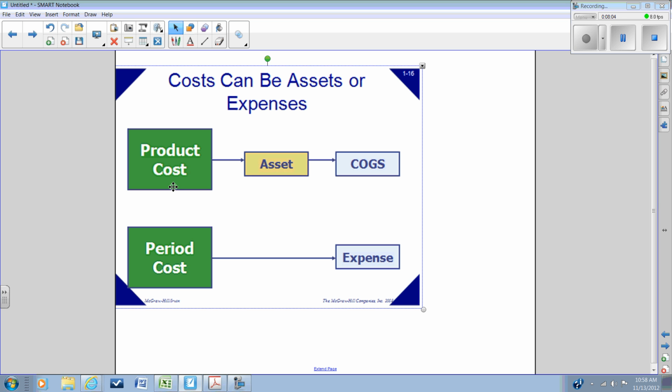A product cost, on the other hand, will have an intermediate step. The cost of creating a product, the material, the labor, the overhead, will first be capitalized in an asset account, which will be some type of inventory, where it will be held until it is sold, at which time we'll match the cost of the sale to the revenue that it generated, and we will recognize cost of goods sold.